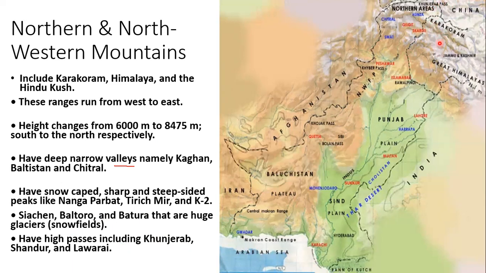Khunjerab Pass. And the modern silk route developed by China and Pakistan, the CPEC route, passes through this historical and challenging Khunjerab Pass, Shandur and Lawari.